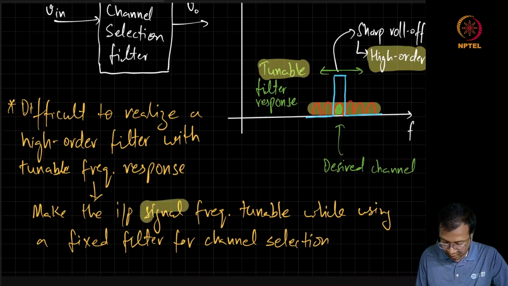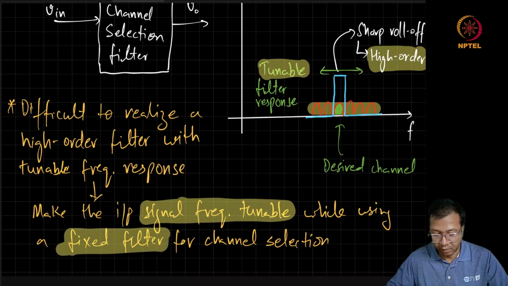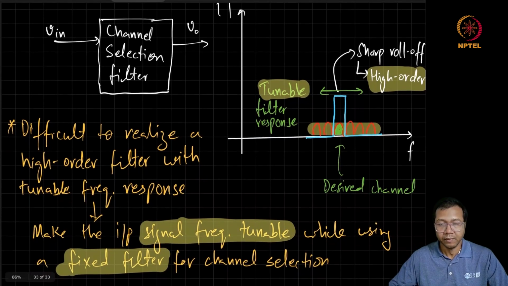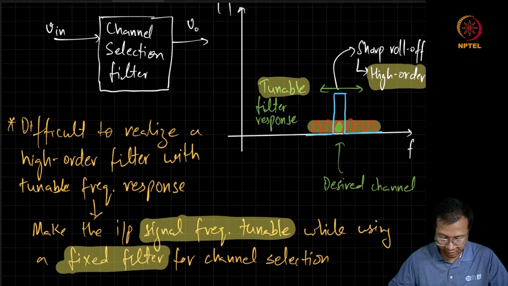The signal frequency is tunable and the filter is fixed. So I hope the motivation is clear to all of you. Now the next step is just to find out how to achieve this.